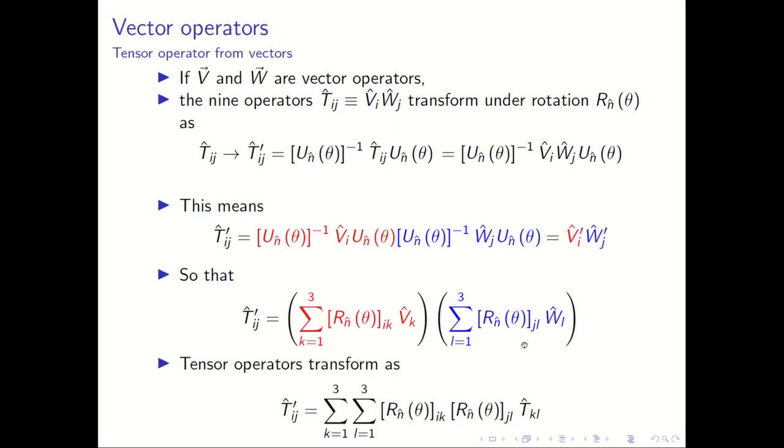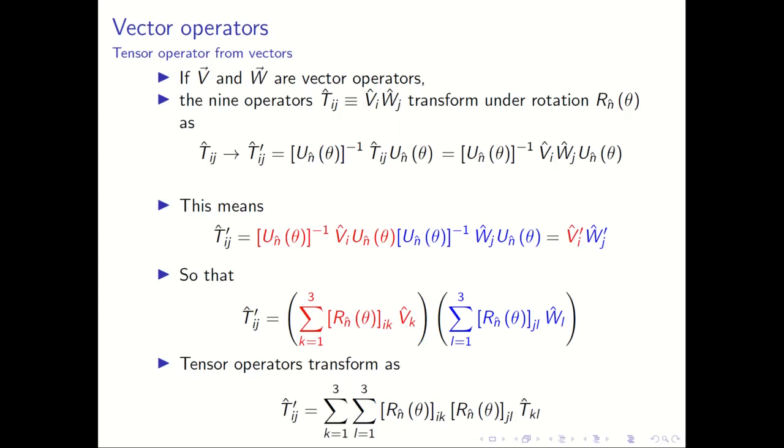So now you see that by just moving vkwl to the end, we realize that the transformation rule for tensor operators has to be Rn theta ik, Rn theta jl, tkl, and this is a generic transformation rule for any second rank tensor, or to be precise, we will call these second rank Cartesian tensors, because in the next lecture we will meet a cousin of this, the spherical tensor.